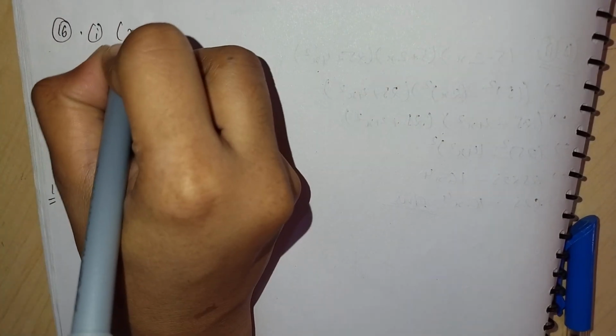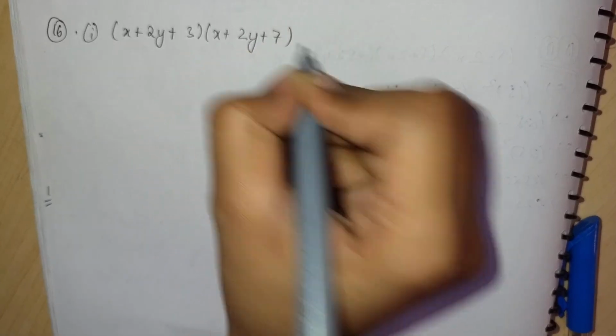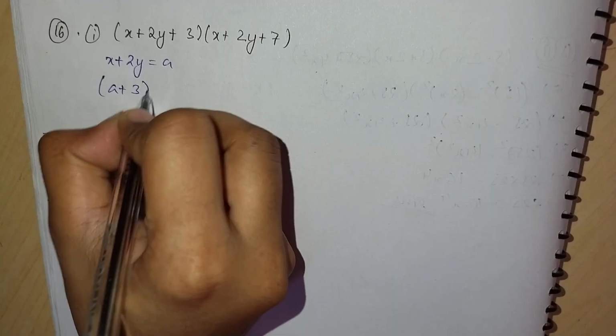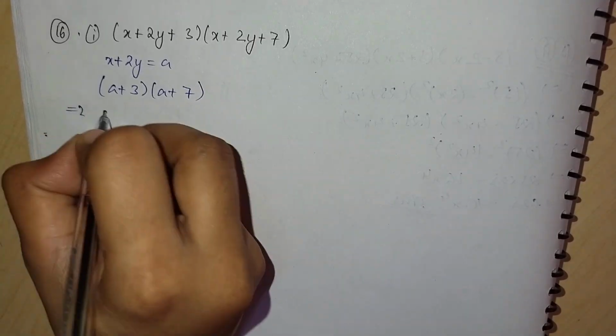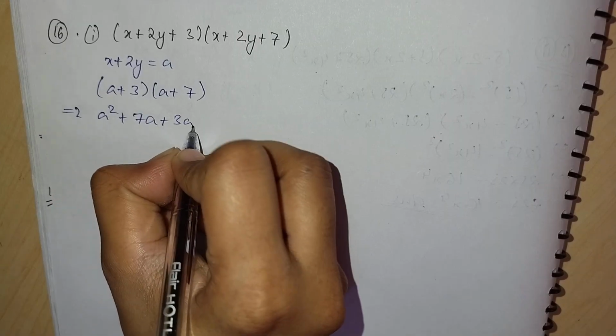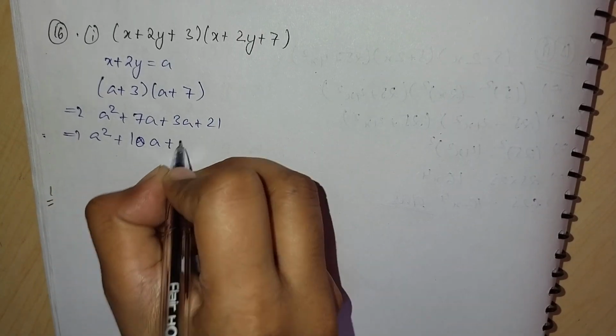On solving 16th first question, x plus 2y plus 3 and x plus 2y plus 7. We will put x plus 2y equal to a. So a plus 3 and a plus 7. We will get a square plus 7a plus 3a plus 21 equal to a square plus 10a plus 21.